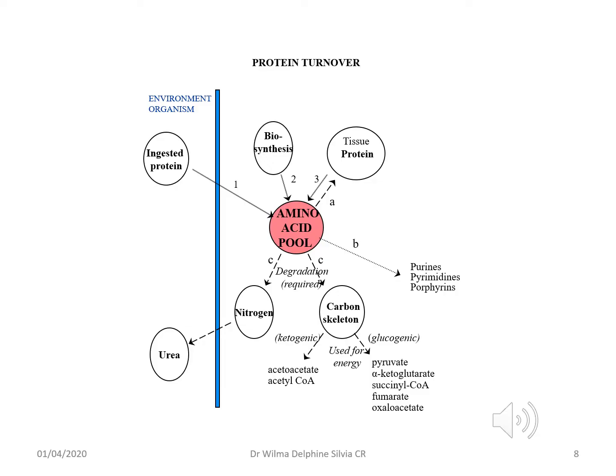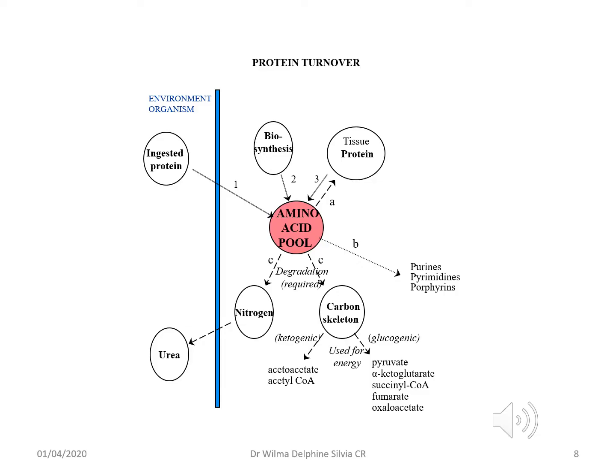And the carbon skeletons of ketogenic amino acid give rise to acetoacetate and acetyl-CoA. And the carbon skeleton of glucogenic amino acid give rise to pyruvate, alpha ketoglutarate, succinyl-CoA, fumarate and oxaloacetate.